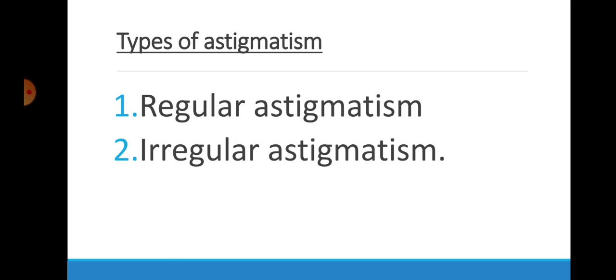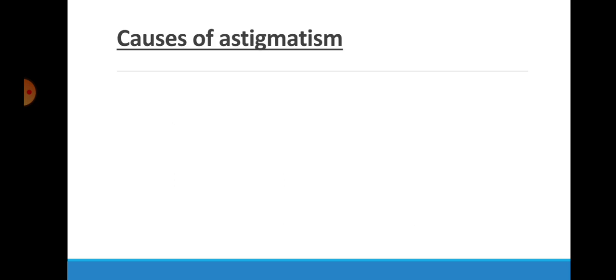I am giving you an example. Suppose the meridians are at 45 degrees and 135 degrees. If you see the difference, it will be 90 degrees. So this is oblique astigmatism, and irregular astigmatism I told you the definition earlier.